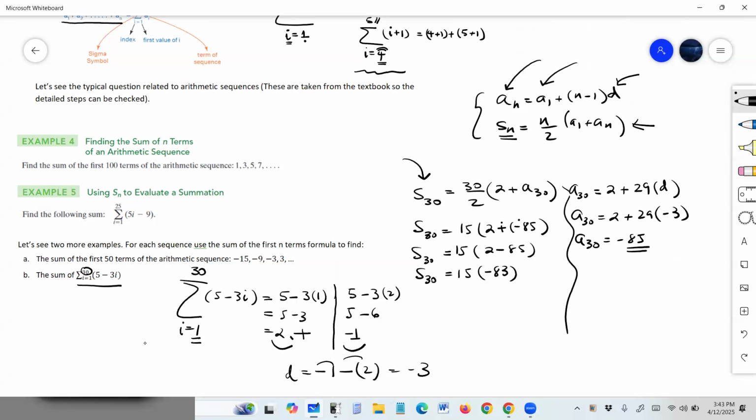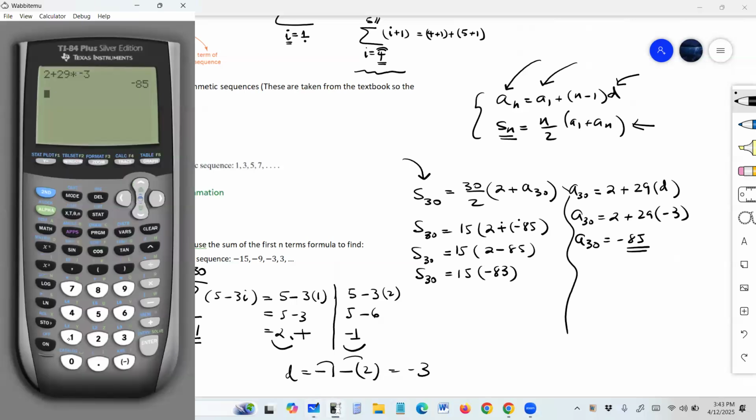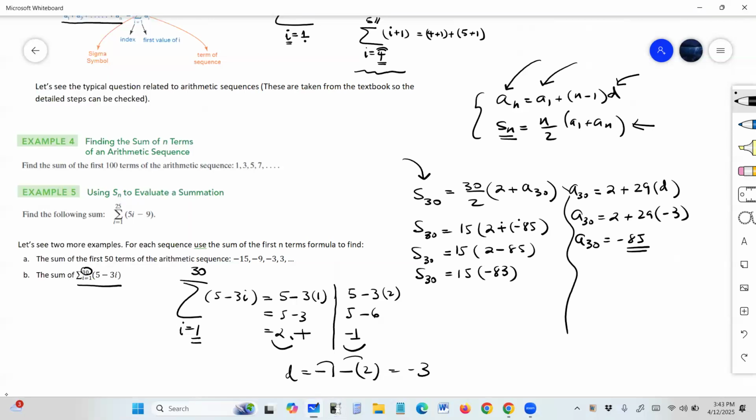And this is my S30. So we go to the calculator one more time. 15 times negative 83, negative 1245 is my sum.